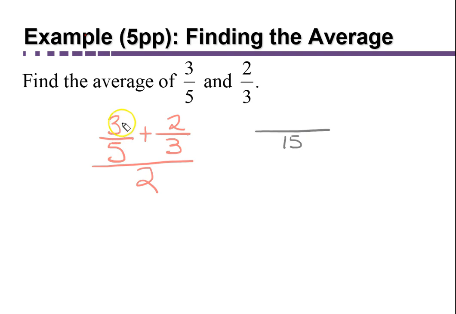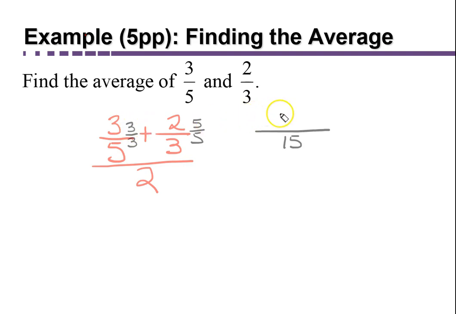So we're going to multiply this by 1 to get our denominator to be 15. So this is going to be a 1 in the form of 3/3. And this one we're going to multiply by 5/5 to get a denominator of 15.